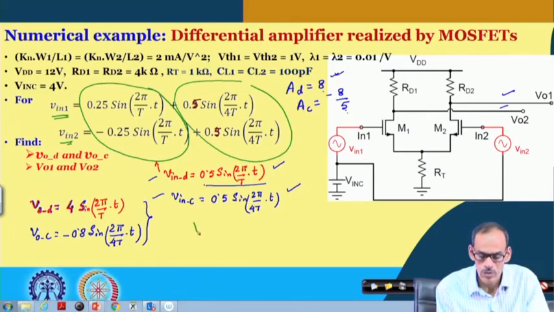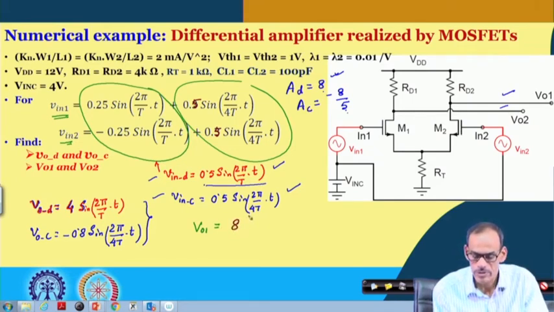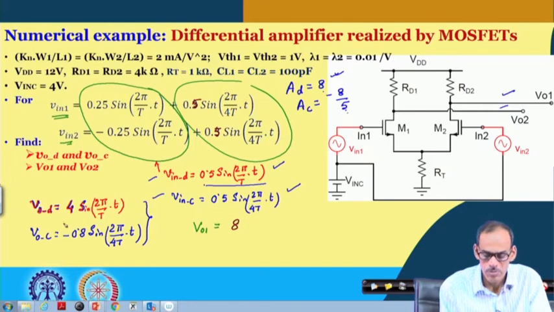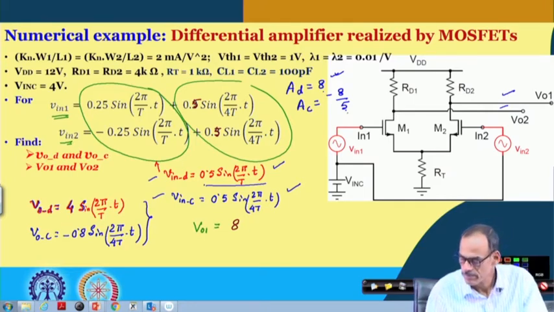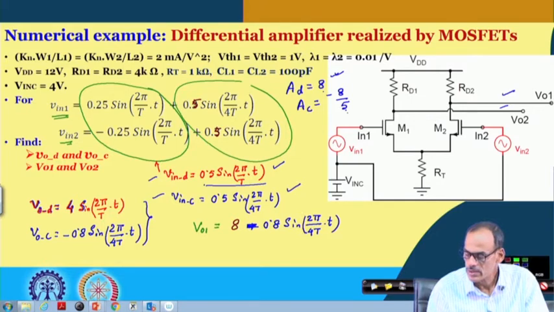So, VO1 has a DC part of 8 volt, and then the common mode part is minus 0.8 sin 2 pi by 4 capital T into small t, and then half of the differential part.